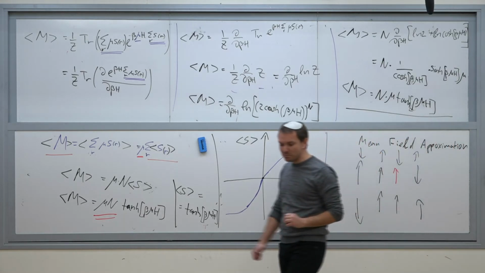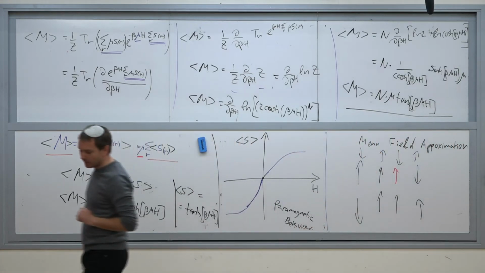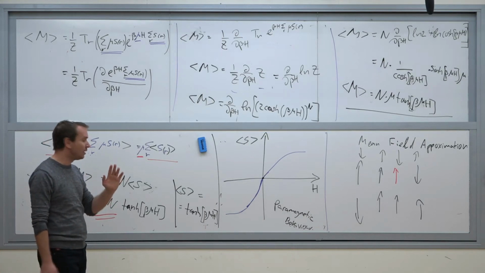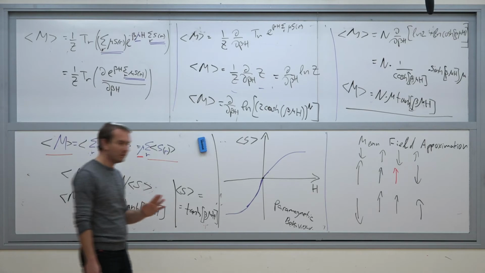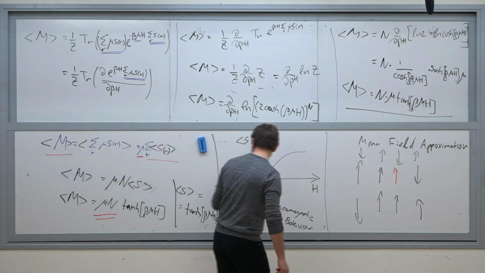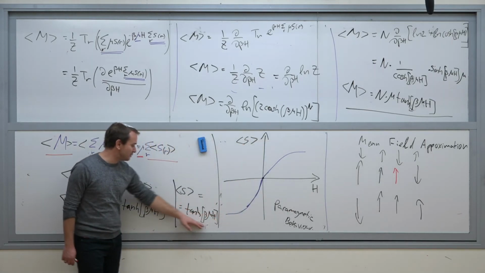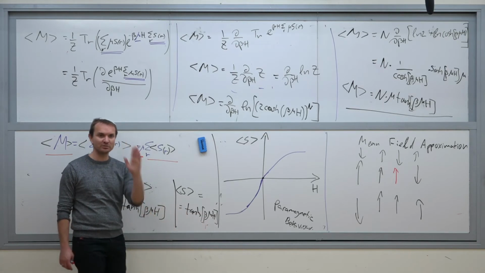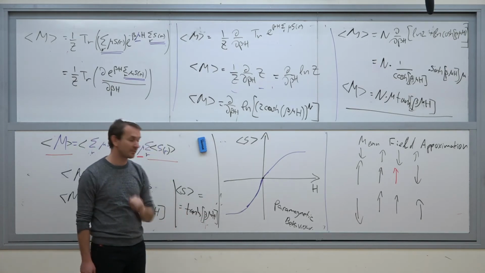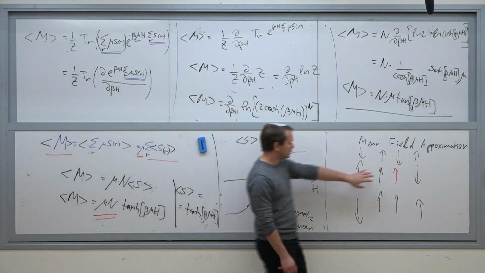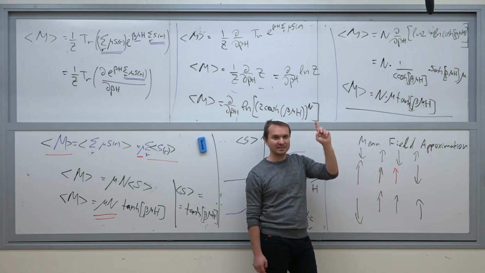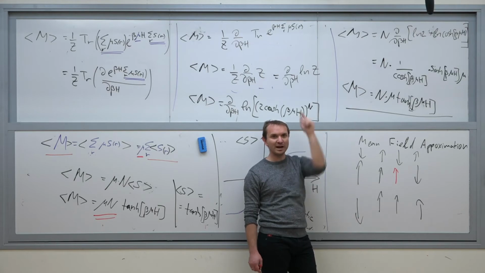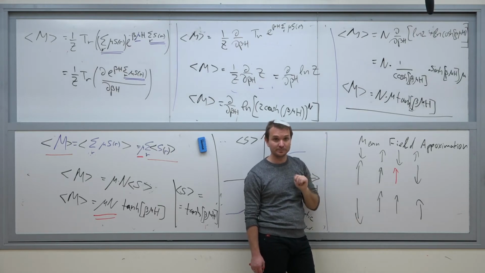Now, the idea of the mean field says the following. There is some sort of a mean value for all the spins. This mean value is not exactly given by the hyperbolic tangent, but there is a mean value for each of the spins. So each spin is on average pointing somewhere, and it's also fluctuating around this direction.